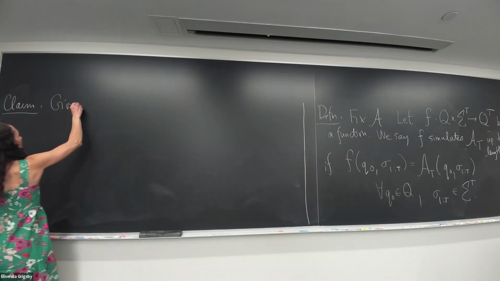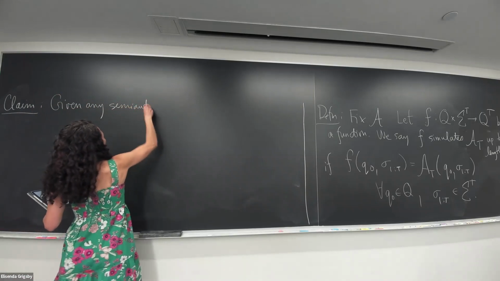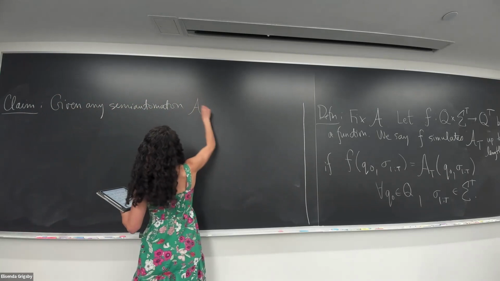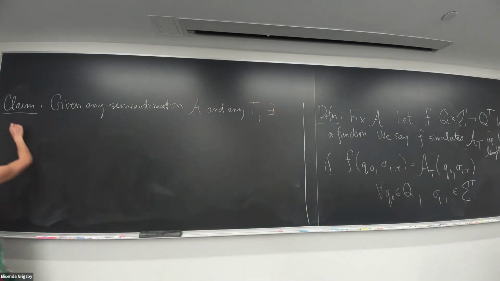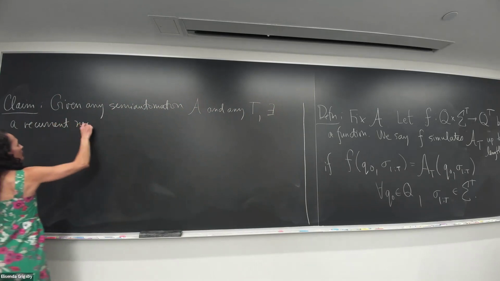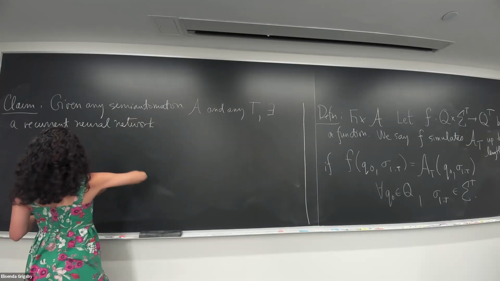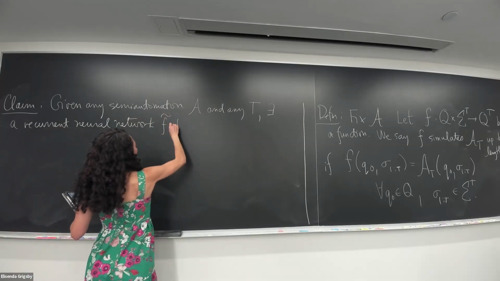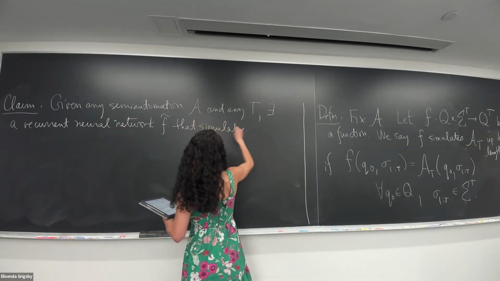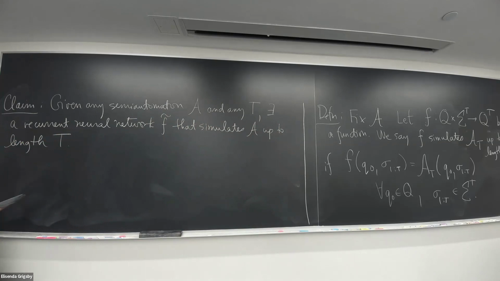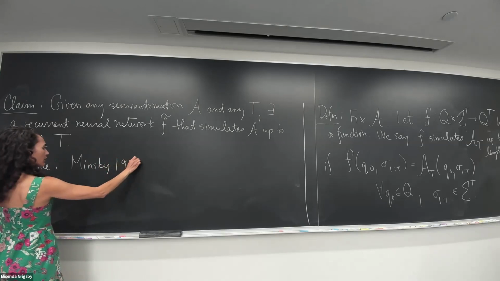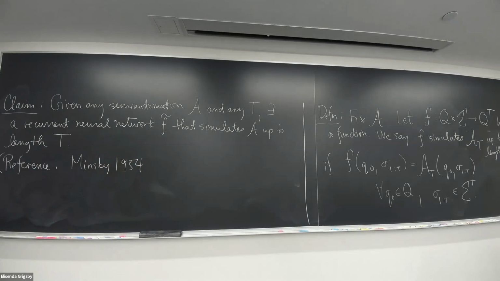So historically, for any semi-automaton A and any context length T, there exists a recurrent neural network that simulates A up to context length T. I think this result goes back all the way to Minsky in 1954, although probably this used sigmoidal activations.